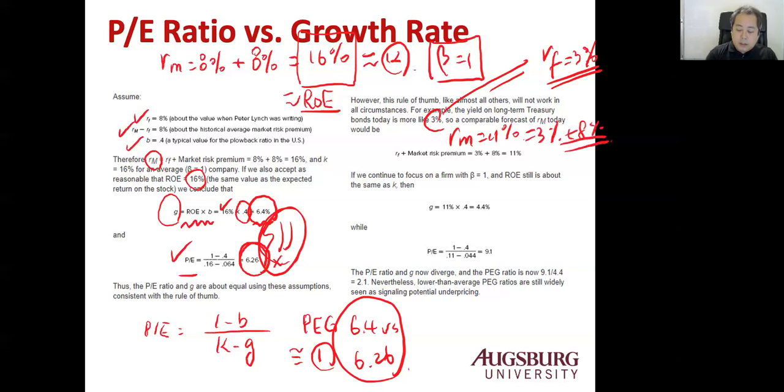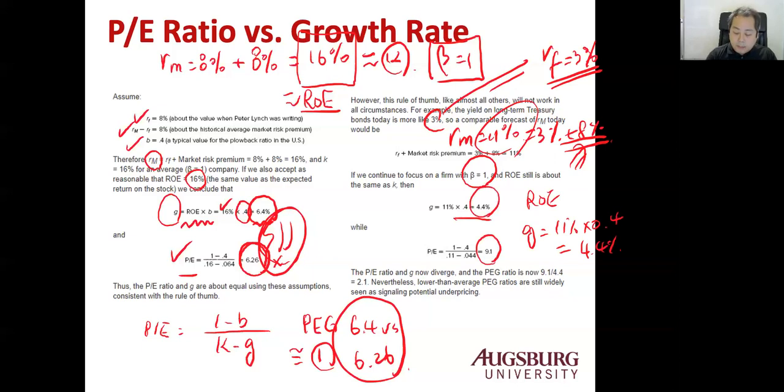Then for beta equals 1, ROE should be 11%. So the growth rate is 11% times 40%, so 4.4%. Now the PE ratio is 9.1, which means the PEG ratio is not 1, it's 2.1.